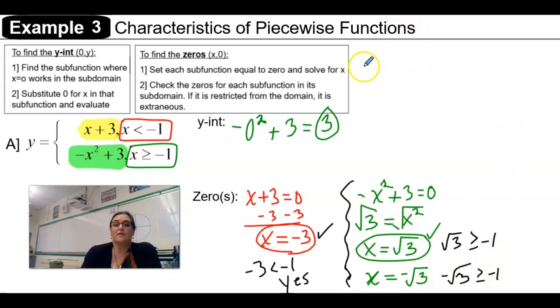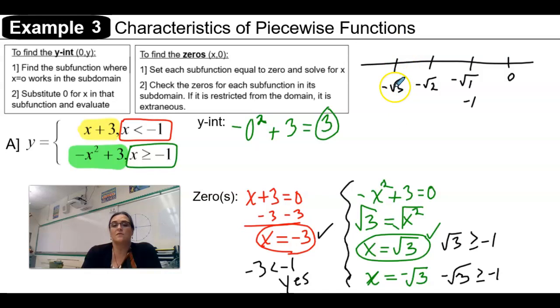If we think about the number line, if we have a 0 here, and then we've got the square root of 1, so negative square root of 1 is equal to negative 1. Then we'd have a negative square root of 2, which I don't know what that is. And we'd have a negative square root of 3, which we don't know what that is.